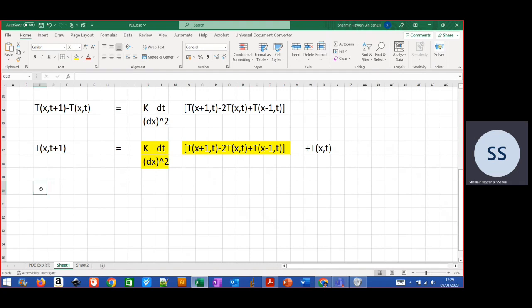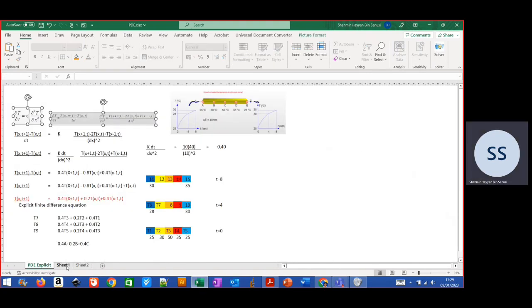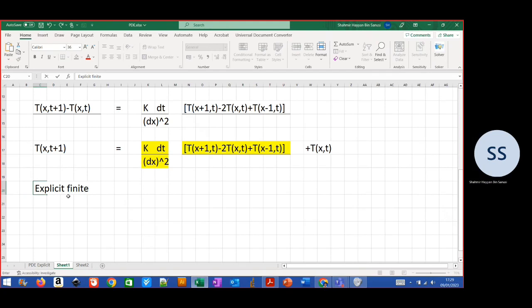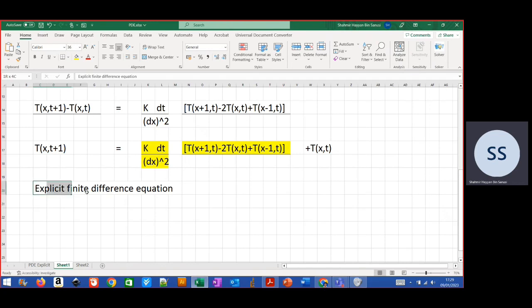This is what we call the explicit finite difference equation. Generally, when you have partial differential equation problems, for example explicit problems, you first need to develop the explicit finite difference equation.